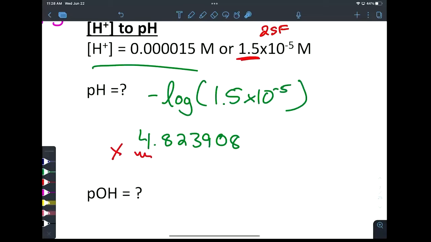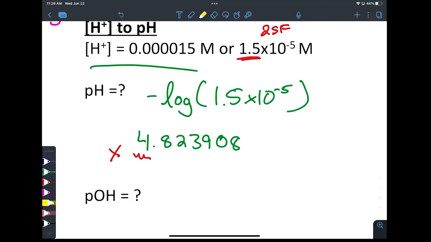So when you write a pH, you want enough decimal places to reflect the number of sig figs in the molarity you're given. So to the correct number of sig figs, this would be 4.82. I'll show it in the next slide.